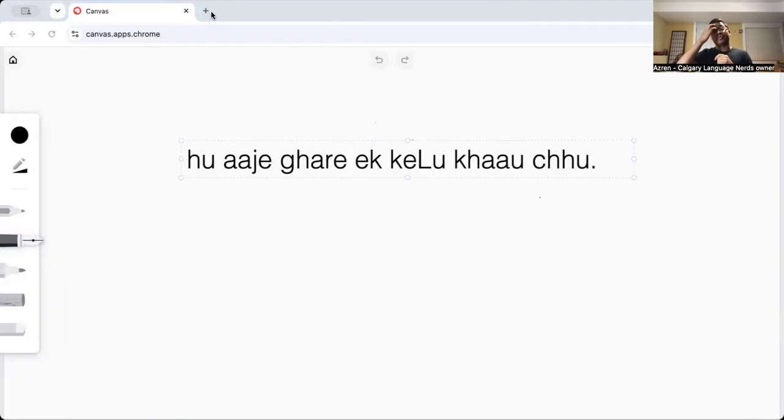Now, in the previous lessons, one of the things I've told you is that Gujarati has a quote unquote standard word order, something like subject, time word. So, hun aje, I, today; location, ghare, at home; object, ek keru, one banana; and then the verb, khao chu.